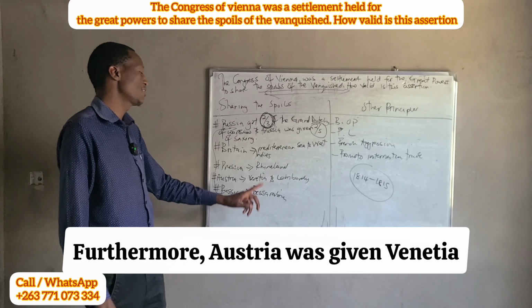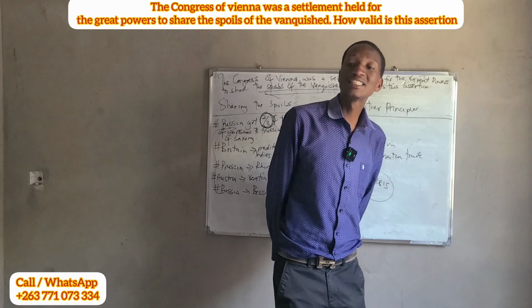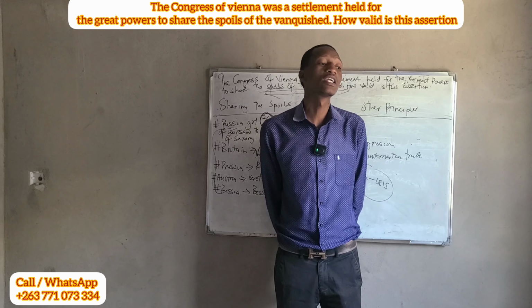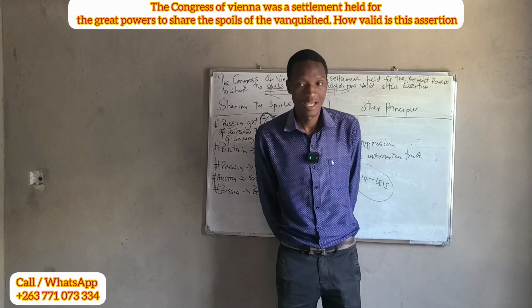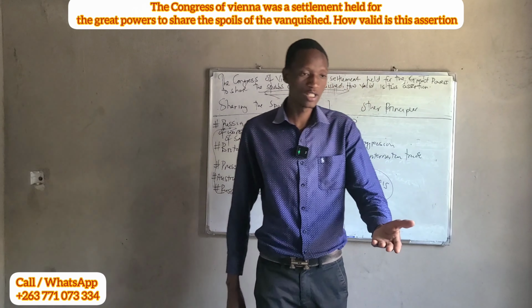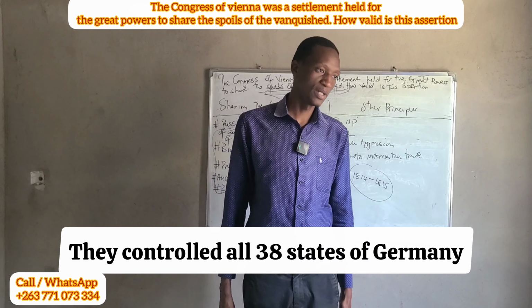Furthermore, Austria was given Venetia and Lombardy, and these were Italian states which were given to Austria. And above all, we have got what we call in German vakapuachi. They controlled all 38 states of Germany.